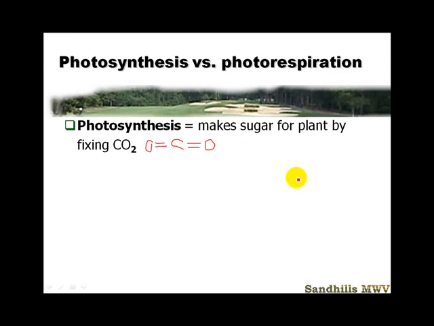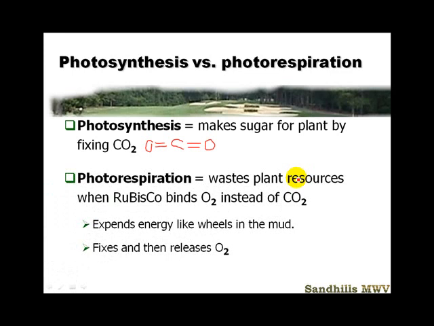So it can't tell the difference between an O2 or a CO2. Photorespiration is when it grabs an O2 instead of the CO2 and it wastes energy.